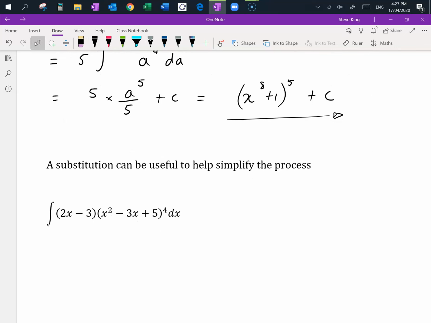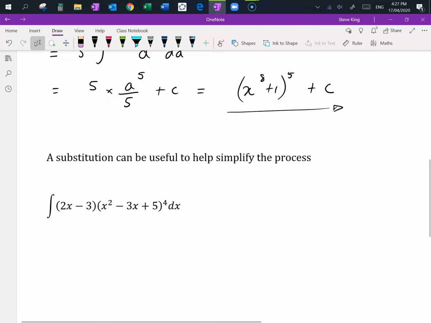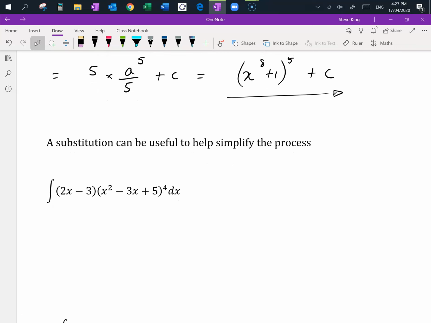As I say, a substitution can be really useful to help simplify this process. Here's one that's a little bit more complicated, but again, make a simple substitution. Let the thing that is going to be derived be the thing that you substitute. So 2x minus 3 is the derivative of that larger bracket.